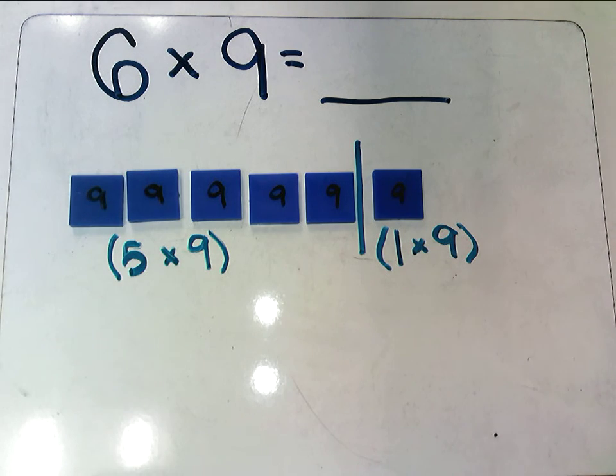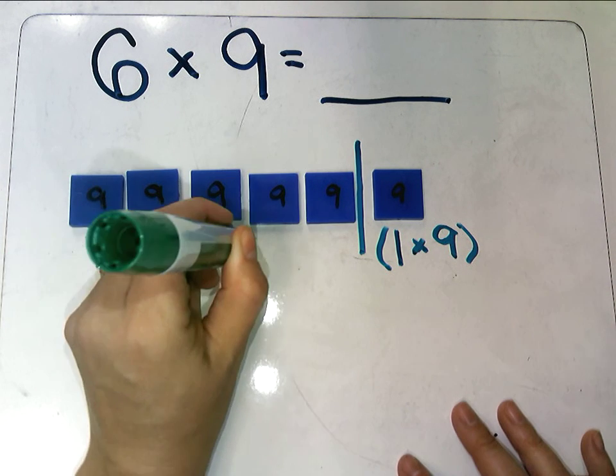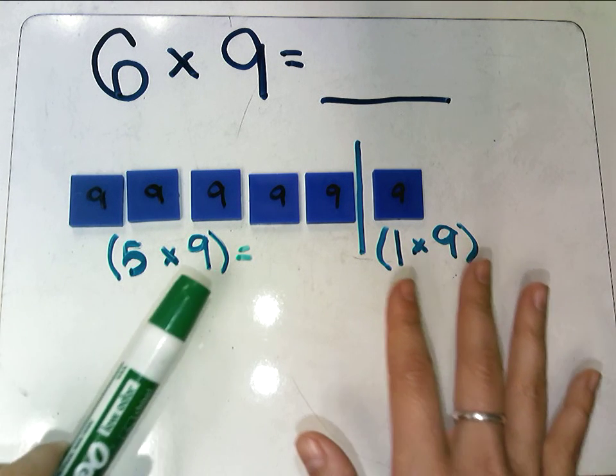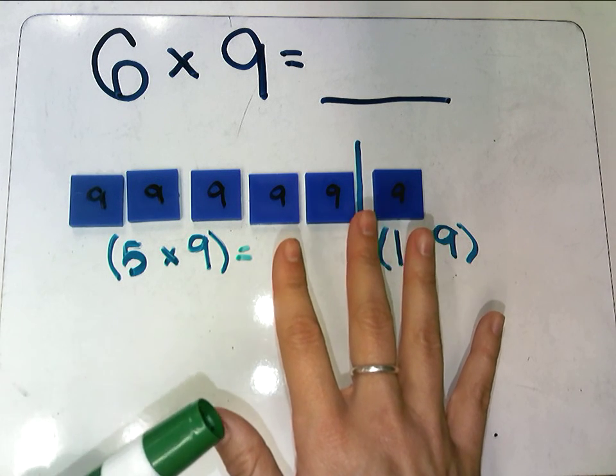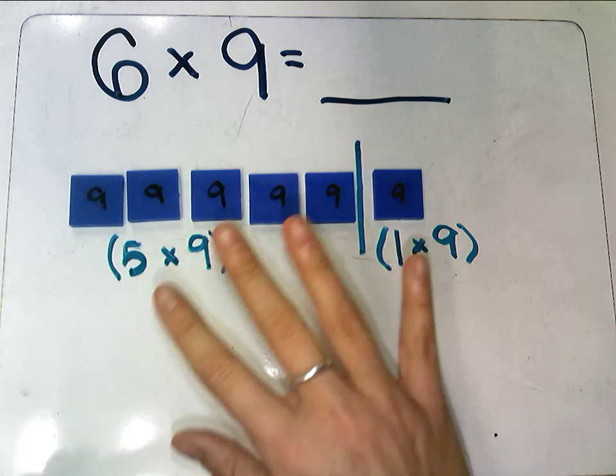So now we're going to find the value of each multiplication equation, and then we will add them up to help us find the distributive property. What is 5 times 9? Well, we could skip count by 5s or by 9s. We could go 9, 18, 27, 36, 45.